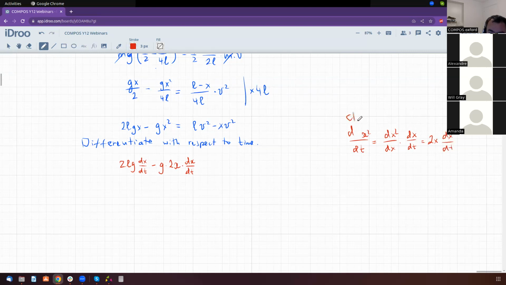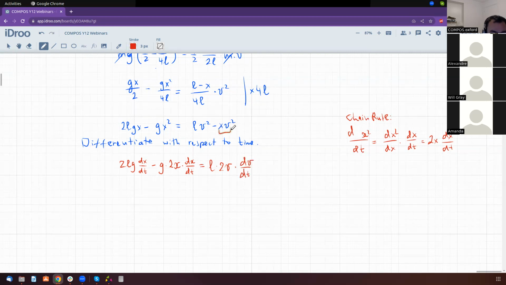So it's a chain rule. I hope you all know this. So yes, equals L. Now this is a chain rule again, so it's going to be 2v multiplied by dv/dt.